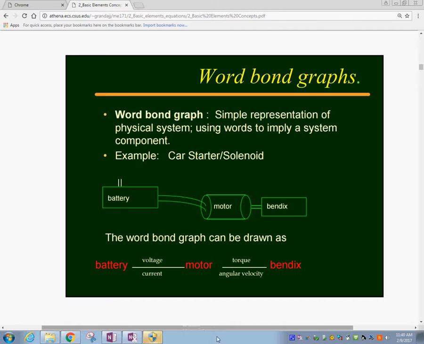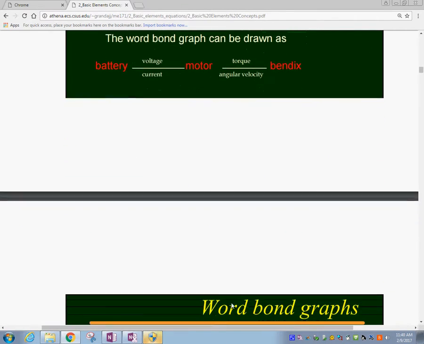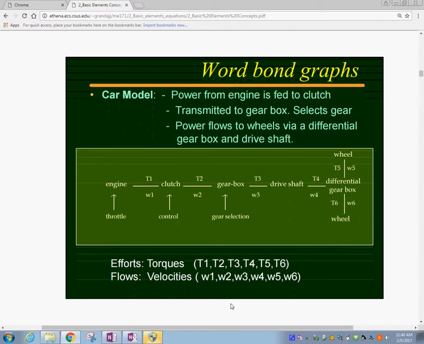Let's see how we can apply this concept to a more complex system. In here, if we look at the model of an entire vehicle, we can actually idealize it on a simple diagram.